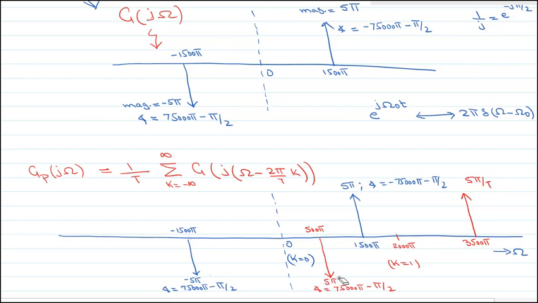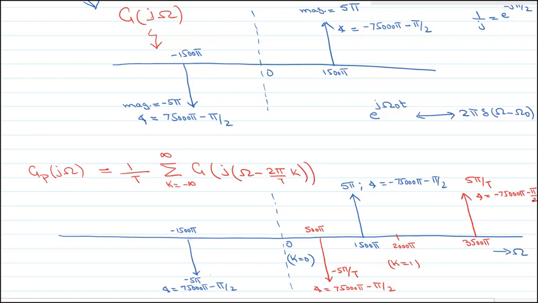Similarly, it will be minus 5 pi over t. But of course, the scaling is not going to change the phase. The phases will be minus 75,000 pi minus pi by 2.